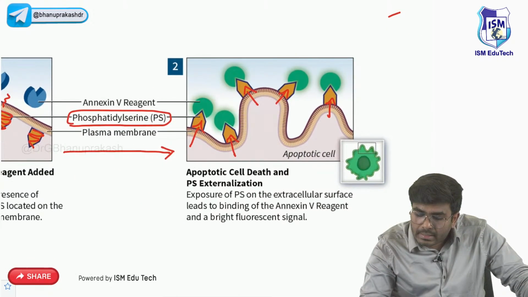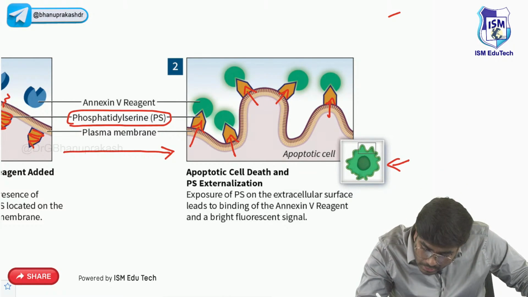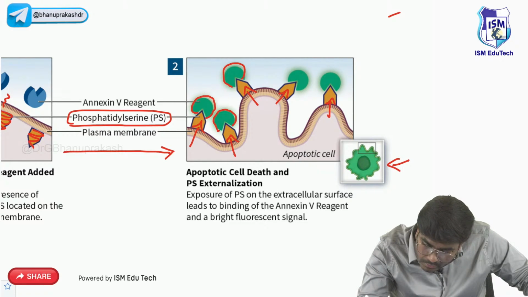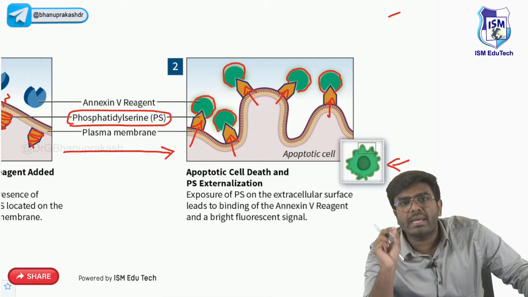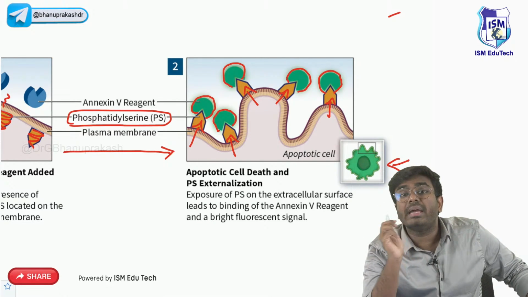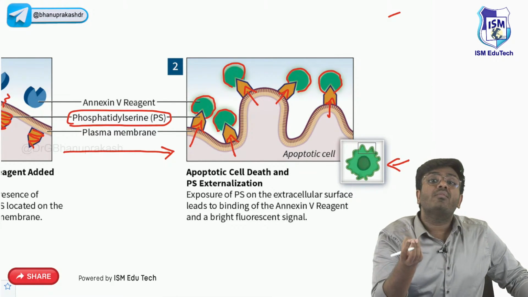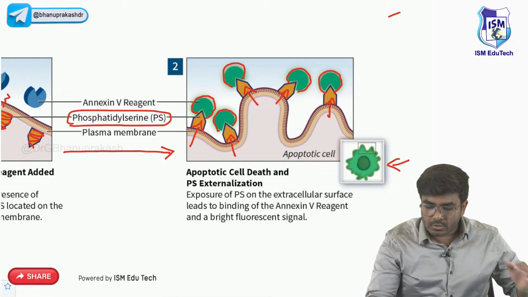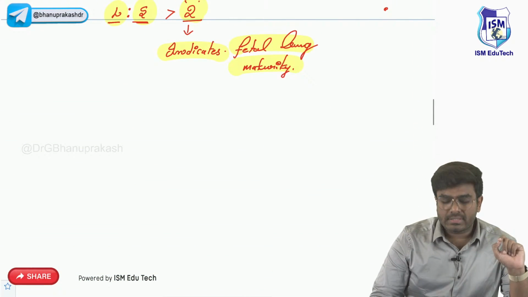But in a cell undergoing apoptosis, annexin 5 goes and binds to the phosphatidylserine. Whenever it binds, remember, it glows. It gives fluorescence. So with this we can clearly say two important points.